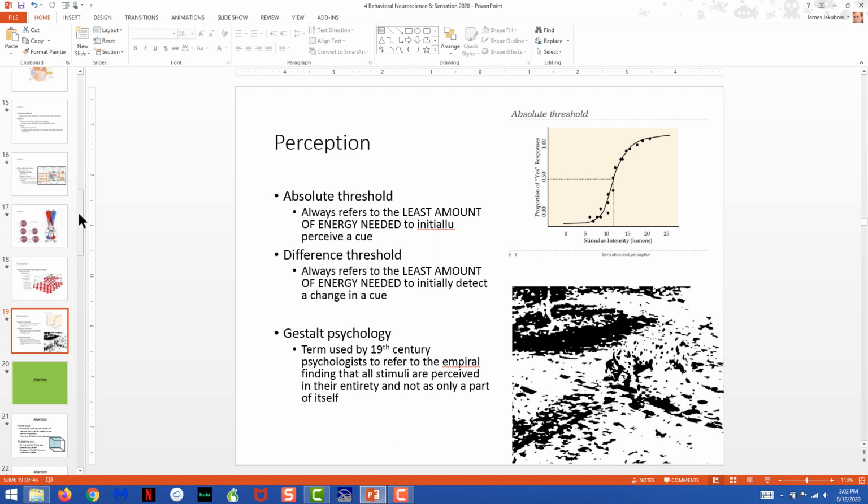In this particular case, what you need to really grasp is the differences between the absolute and difference thresholds. Absolute thresholds refer to your ability to distinguish the least amount of energy of some sort. So let's just say, for example, vision. What is the least amount of light you can see as a human being?